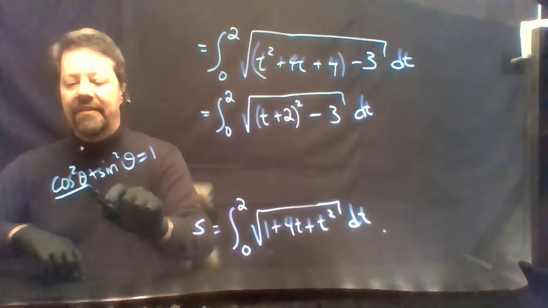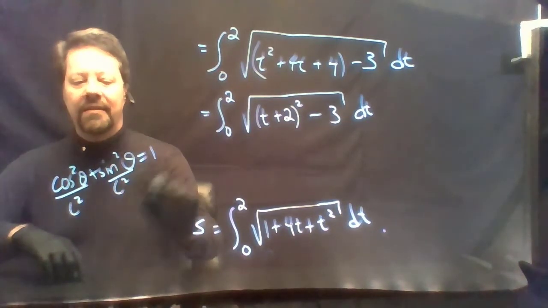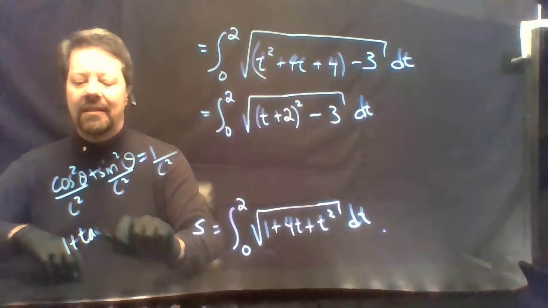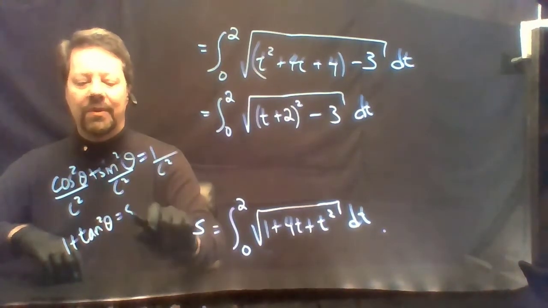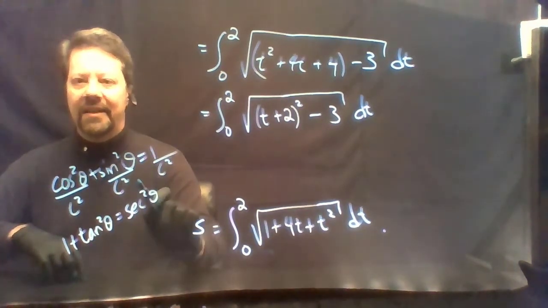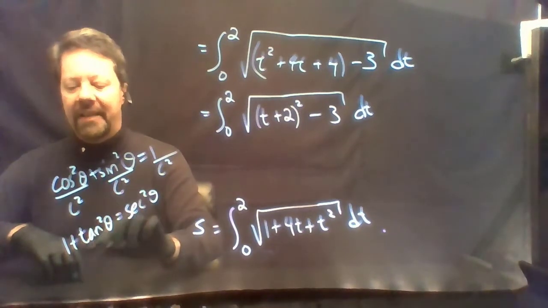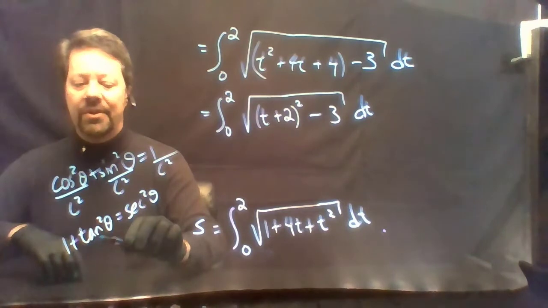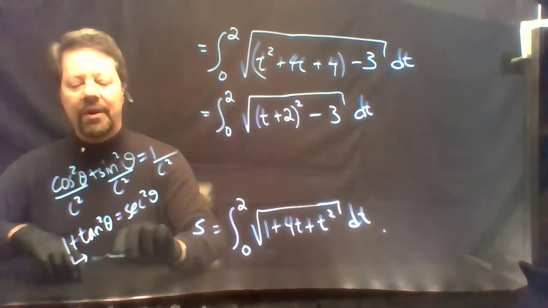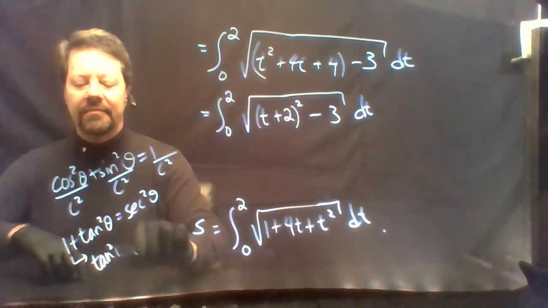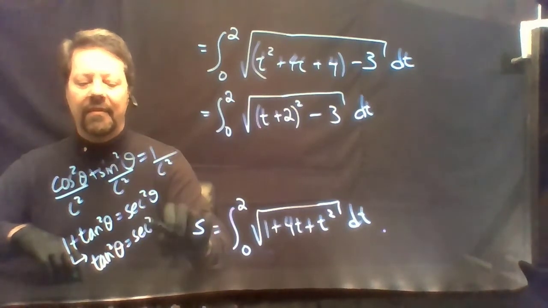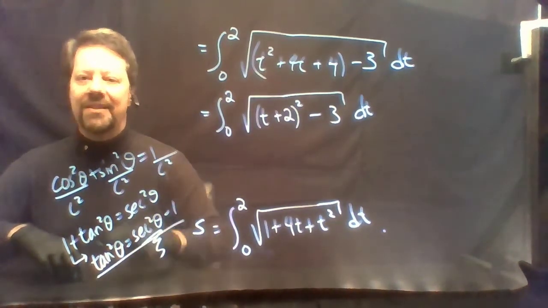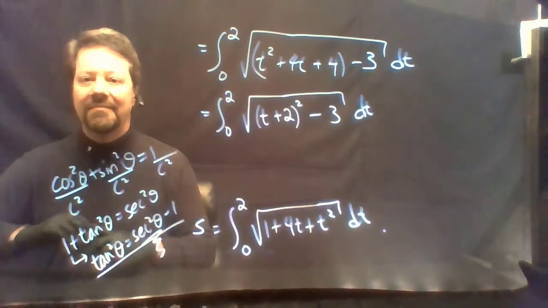If you divide everything in sight by cosine squared, you'll have 1 plus tangent squared theta equals secant squared theta. If you have a plus under the radical, that's when you use tangent as your substitution. But here we'll move the 1 over, and we can see that our substitution must in fact be a secant.